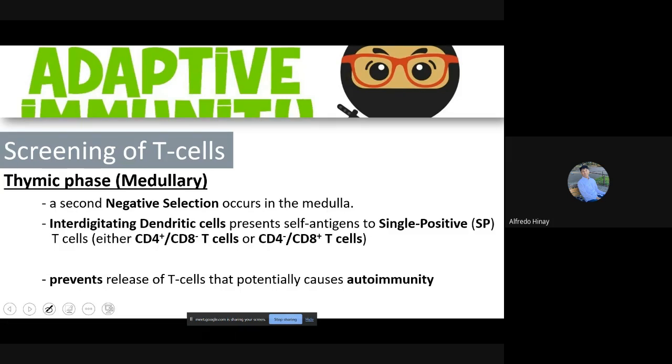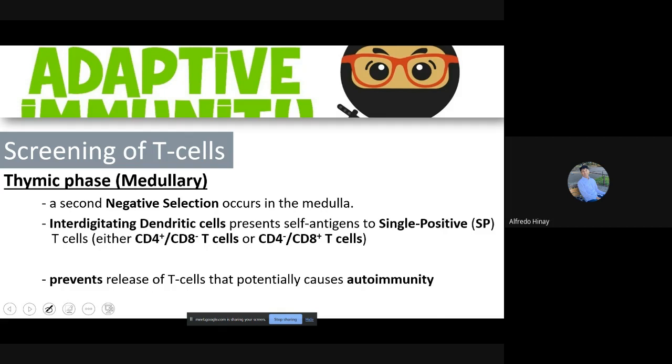Okay, so when they reach the medulla, they will be screened again, this time by interdigitating dendritic cells in the medulla. Earlier, in your cortex, what you have is the cTEC, because you have your thymic epithelial cells.